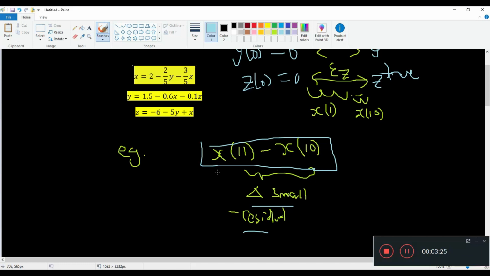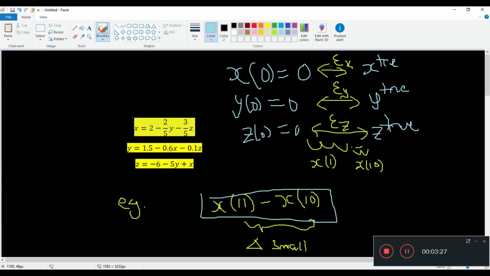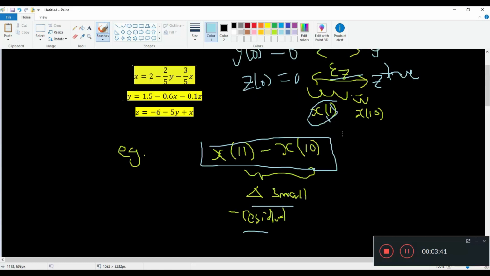All right, but of course each of these iterations will always contain some error between the iteration and the true value. And likewise, between the 11th iteration and the 10th iteration, there will always be some residual.